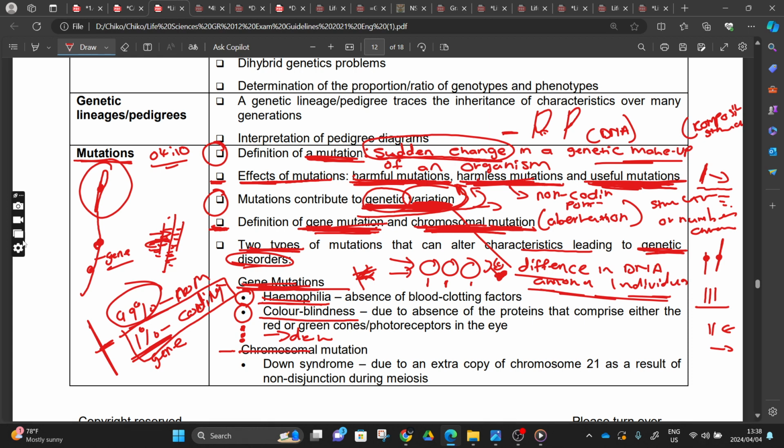And then color blindness, due to the absence of proteins that comprise either the red or green cone photoreceptors in the eye, right? We are going to do the human eye. You will see there's a retina in the human eye, and in this retina we have some proteins, and those proteins produce cones or photoreceptors. So when you have a mutation in that gene, during protein synthesis the mRNA has to come and take this message and send it to the ribosome.